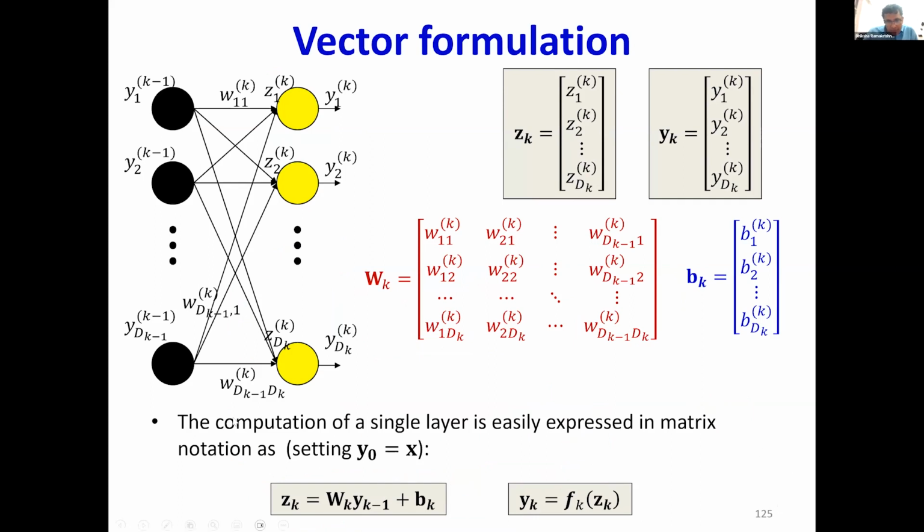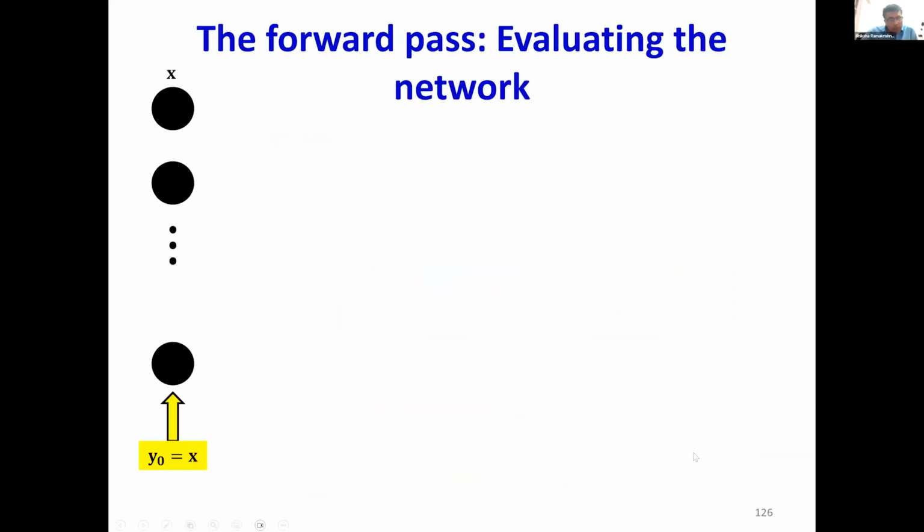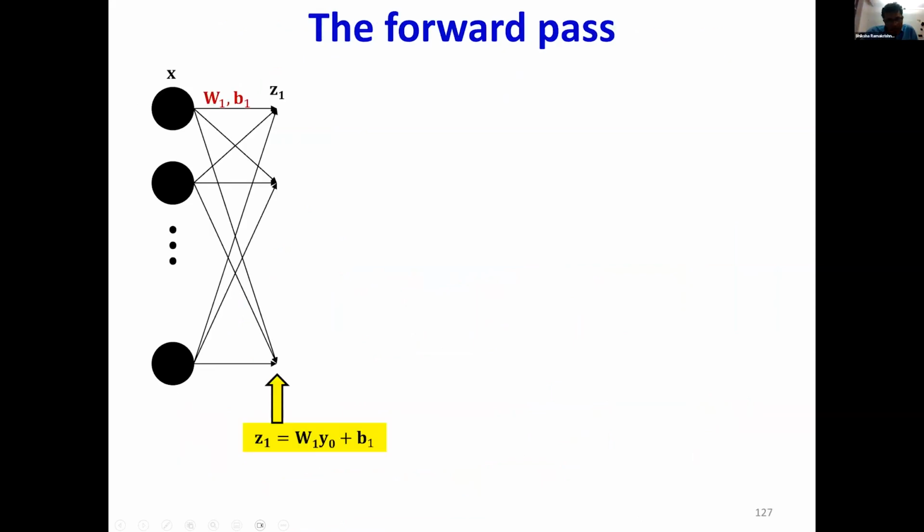Is this making sense? Right, and so here's what I could do. I can just set Y0 equals X, my input. Z1 is simply going to be W1 Y0 plus B1. This is just following the same format where we say ZK equals WK YK minus 1 plus BK.